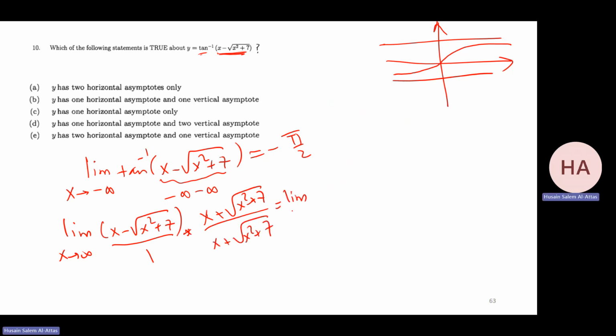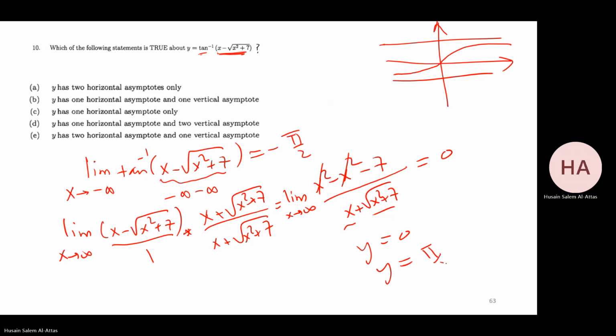That will be the limit as x goes to infinity of x squared minus x squared minus 7 over this. So this will be minus 7. This is infinity. Minus 7 over infinity, which is 0. So we have two horizontal asymptotes, y equals 0 and y equals minus pi over 2. So this is the answer.